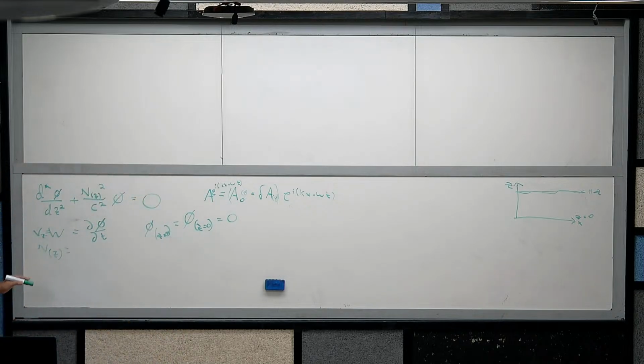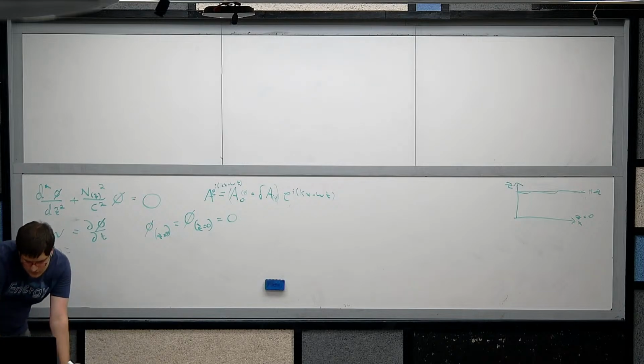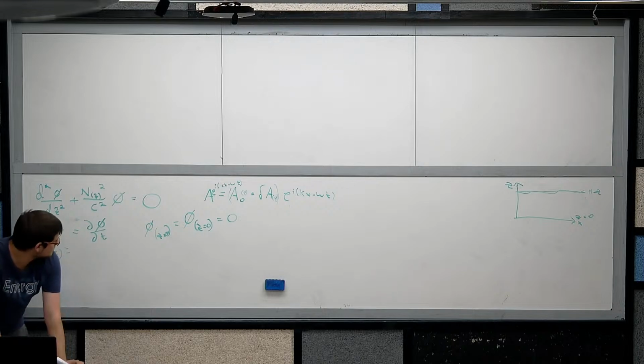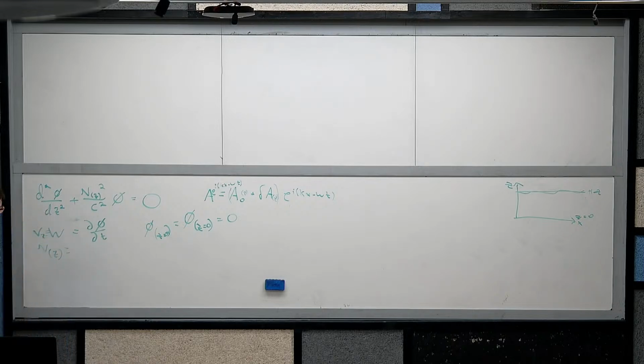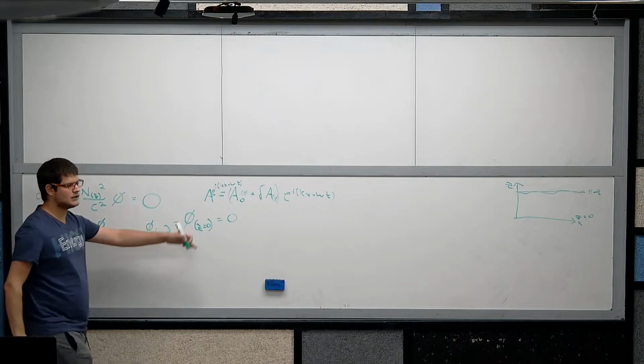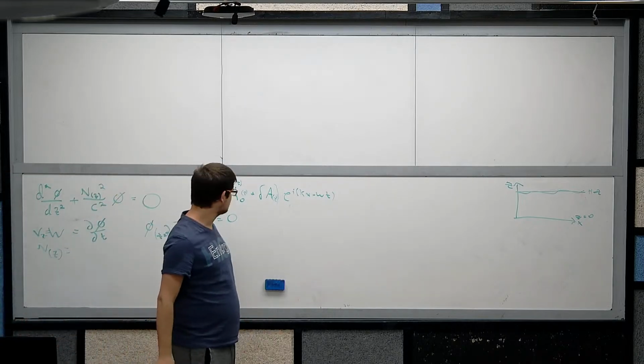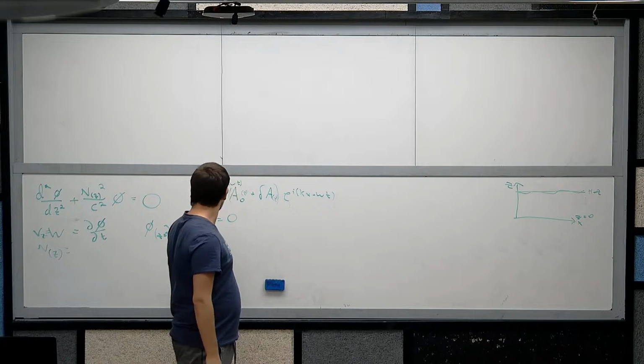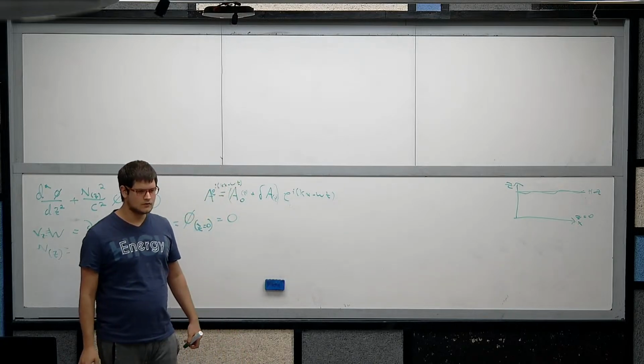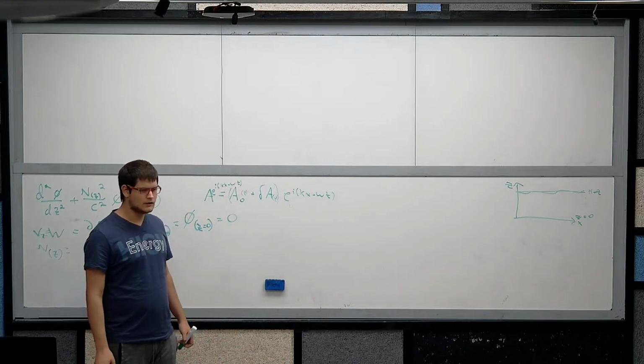So now, just the final thing. What is big A? It's just a general quantity, and in our case it's phi, our phi of z.